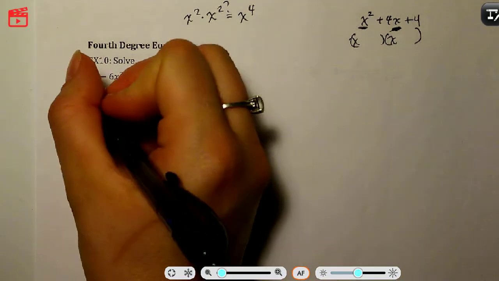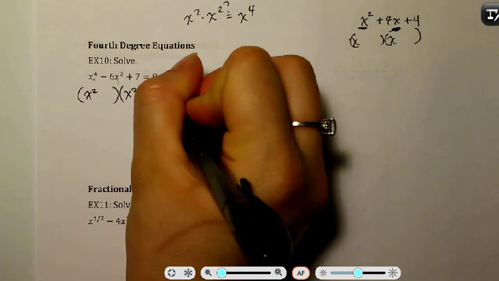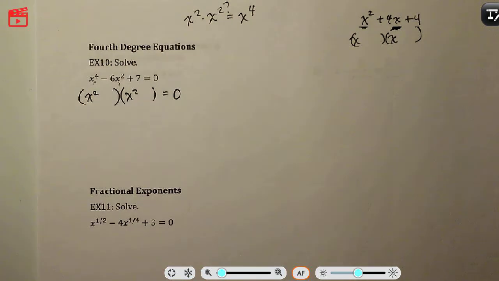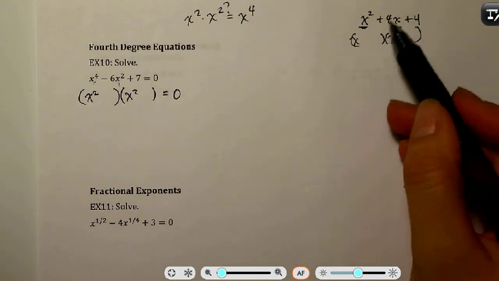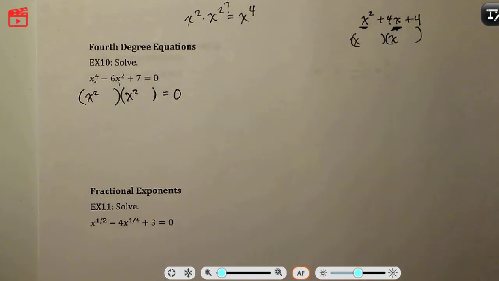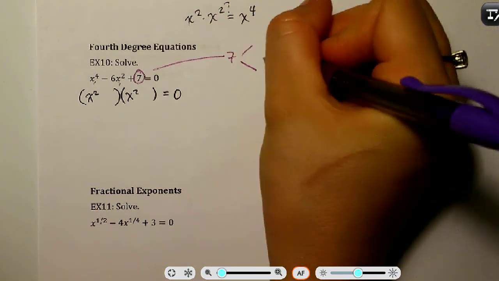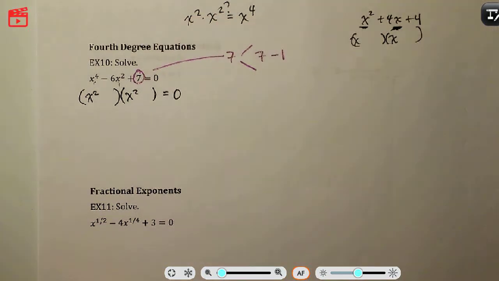So I know that x to the 4th is the same as x squared times x squared. And then I'm going to treat it the exact same way I would when I was factoring a trinomial that was just quadratic. What are factors of 7 that when I add or subtract them, I get 6?